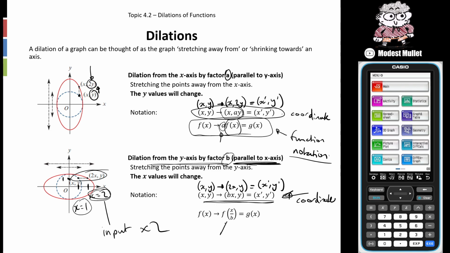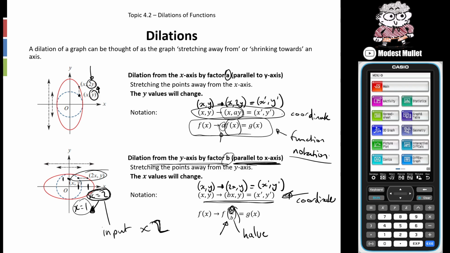Well, the only way to do it is as soon as I put that input in, in this case, I would need to halve it. Then all the rest of the function will spit out the same number. I need to turn this x equals 2 into an x equals 1 compared to the original function, to get the same y value.